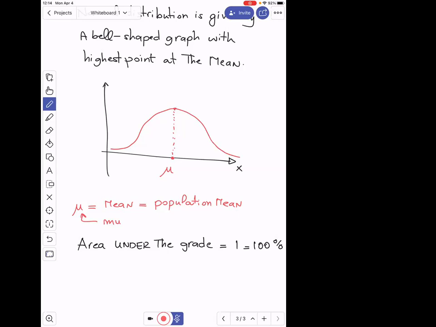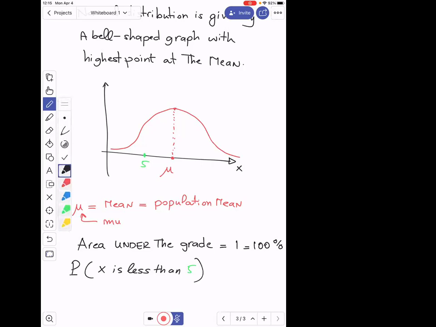That's equal to 1. So now the idea is, if you have some value, for example, let's take a numerical example, say 5, on your x-axis, and you want to find the probability that x is less than 5. This probability is given by the area to the left of 5.